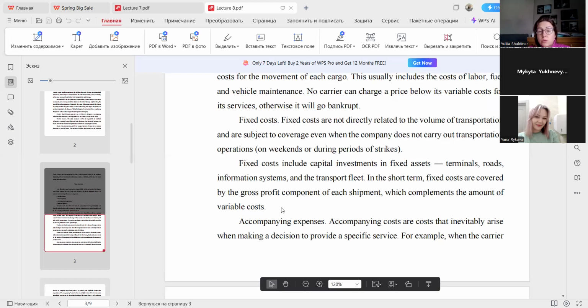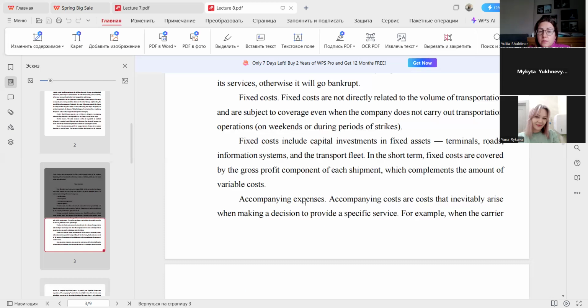Fixed costs include capital investments in fixed assets, terminals, roads, information systems, and the transport fleet. In the short term, fixed costs are covered by the gross profit component of each shipment, which complements the amount of variable cost.